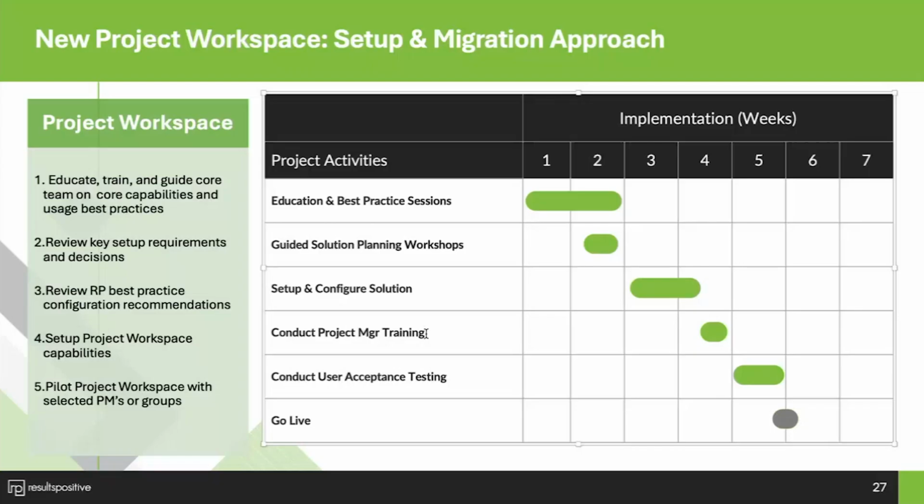So if you're not going to use the project docs status report, those can be hidden as an example. If you're not using RIDAC, that could be hidden as well. So there are some other things that we typically recommend based upon the core capabilities and standard methods and processes for the organization. So that's looking at it from a new project workspace perspective.